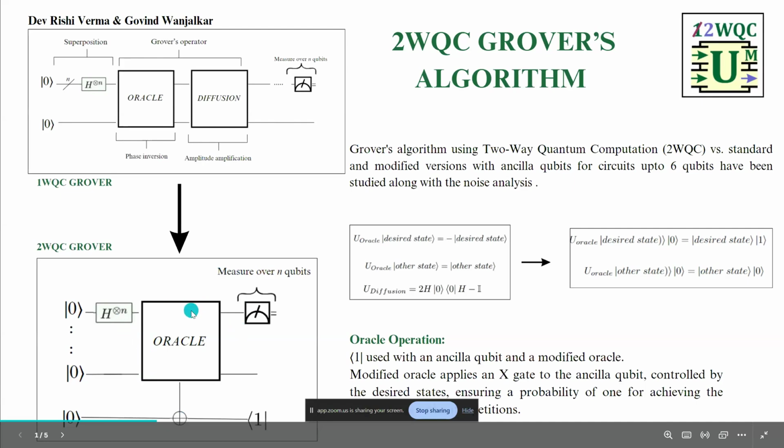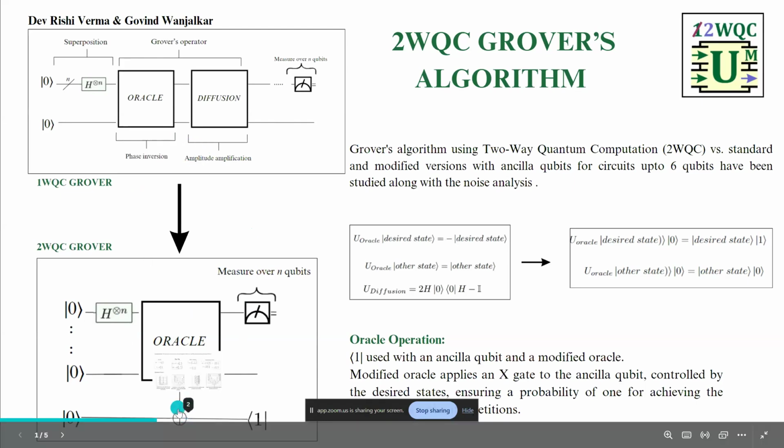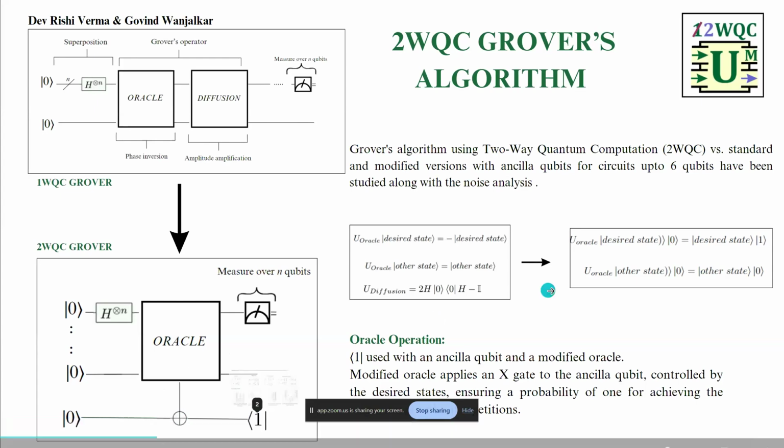And we tested it out for 10 qubits here, and the significant difference that you can see between 1WQC Grover and 2WQC Grover is this CX operation and then the product with the Bra-ket in the end. So these are the equations that mathematically show how 1WQC Grover and 2WQC Grover work.